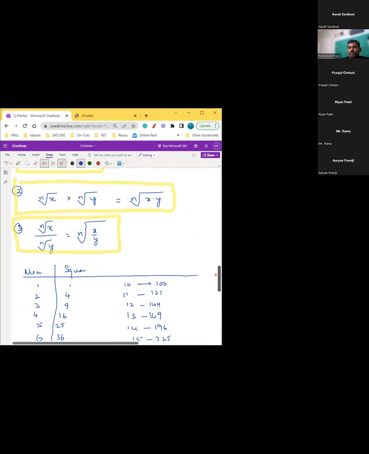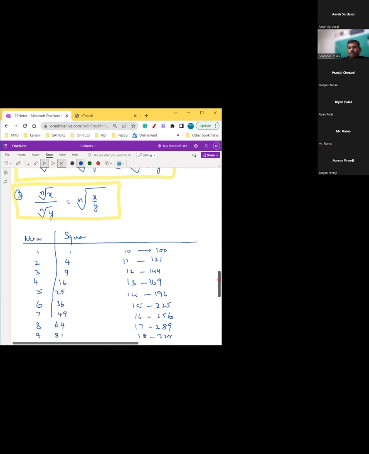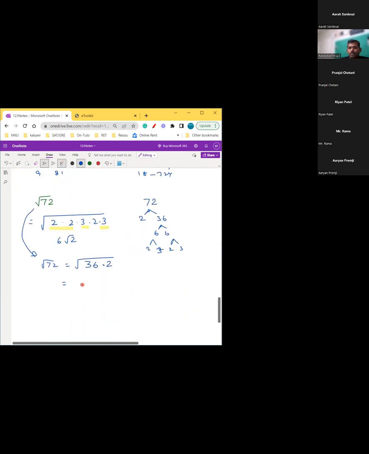Rule number 2 says if I have a square root of something, I can split it like that. So I can write radical 36 and then radical 2. This is 6, and this is radical 2. It's the same thing. Okay, so see if you guys are good to go with this one. I know it's basics, but in case you still have trouble with that, ask me so I can explain it to you.